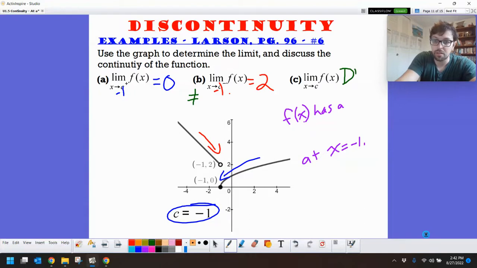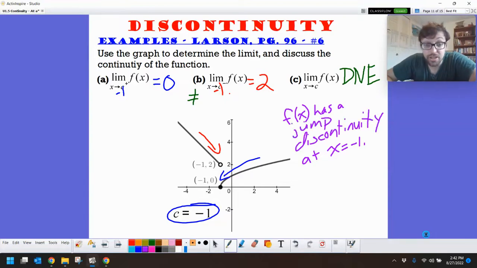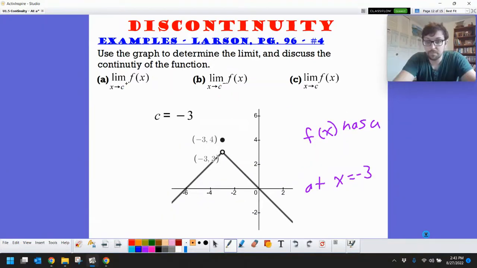So here our limit does not exist. If our limit does not exist and neither limit is heading towards infinity, we have a jump discontinuity. We can see that jump discontinuity very easily on the graph because the function jumps from being one thing to being something else.